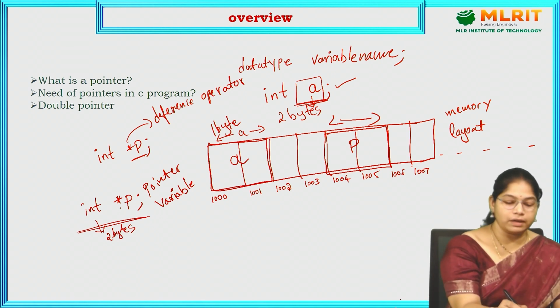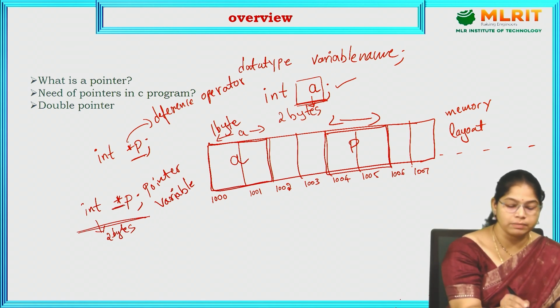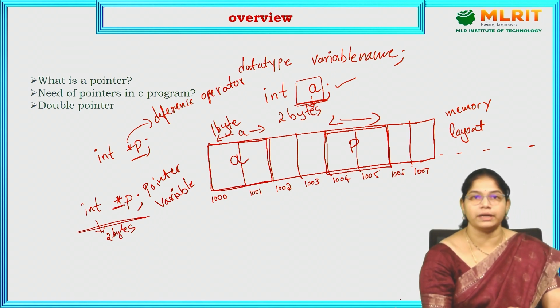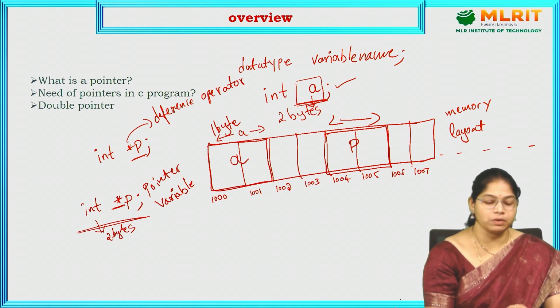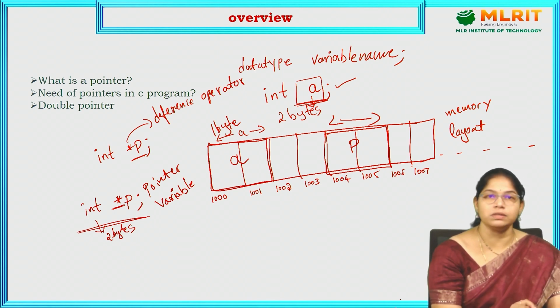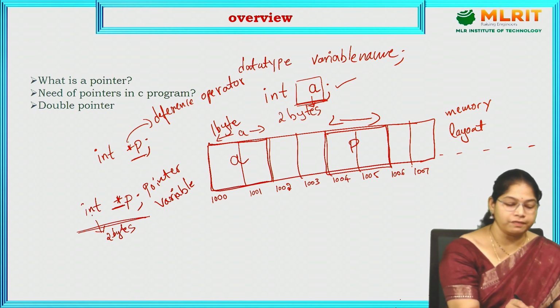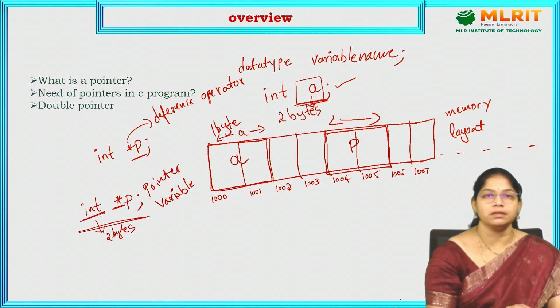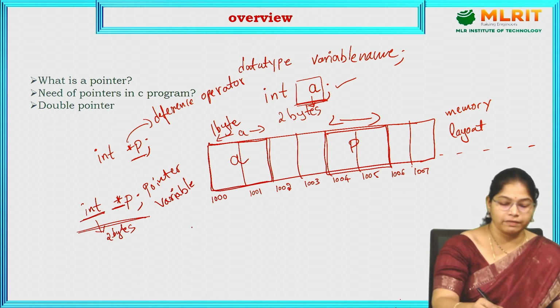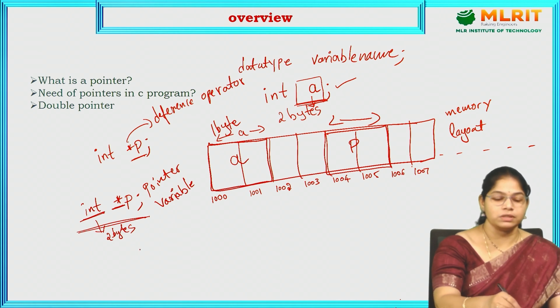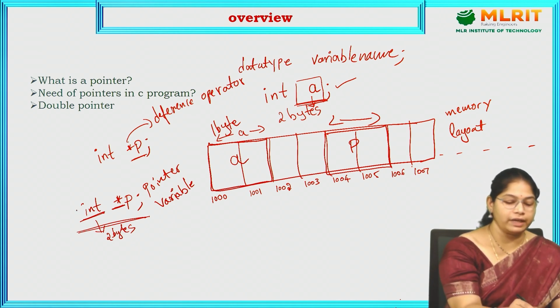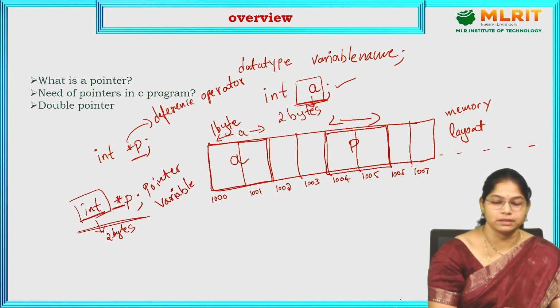But here I used the asterisk symbol, which is called the dereference operator. P is a variable which holds the address of another variable whose data type is integer.